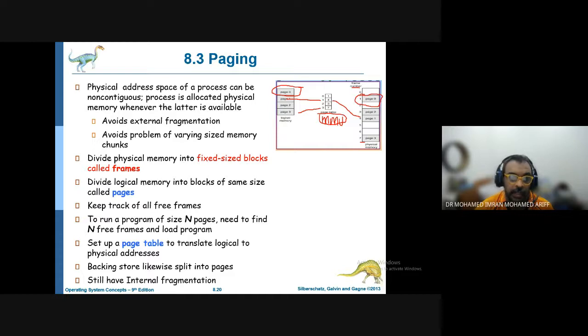The logical memory is broken down into pages, and the physical memory is divided into several blocks, which are called the frames. So the page size is always equal to the frame size. Always remember that. Fix page size sama juga dengan frame size.